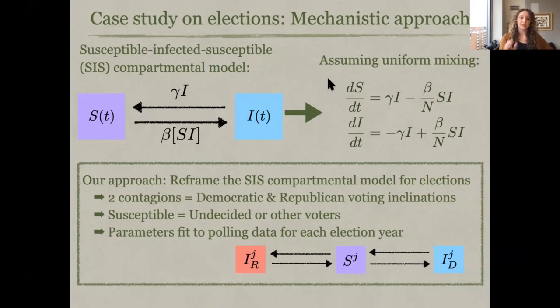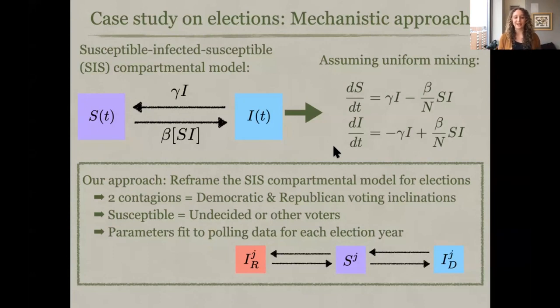So if you assume that your system is nicely mixed and everyone is interacting equally likely with everyone else, then you get the system of differential equations here for the evolution of the number of susceptible and number of infected people in your community. So we wanted to take this general model and reframe it as a way of forecasting elections.